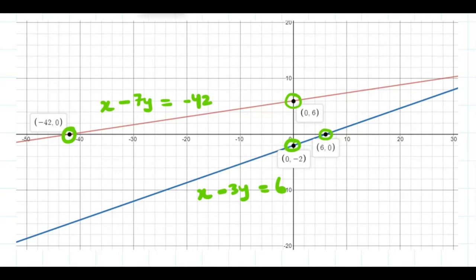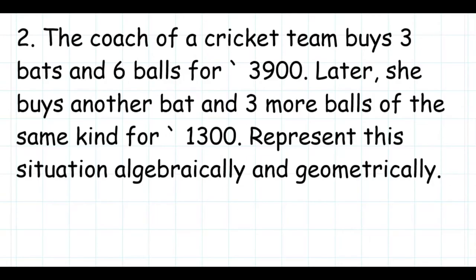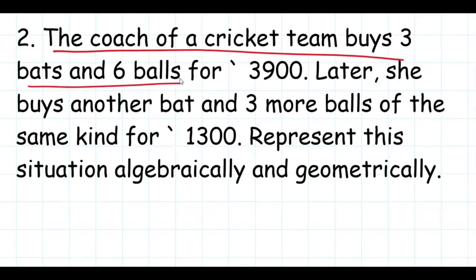Now let's move to the next question. The coach of a cricket team buys 3 bats and 6 balls for 3,900 rupees. Let us say she buys another bat and 3 balls of the same kind for 1,300 rupees. So represent this situation algebraically and geometrically.